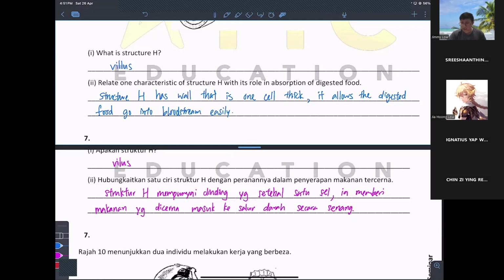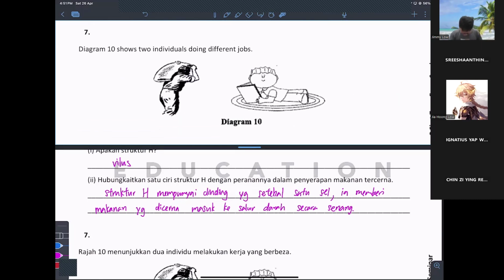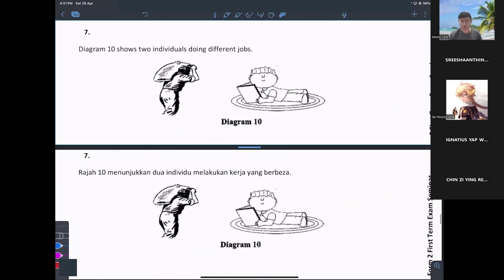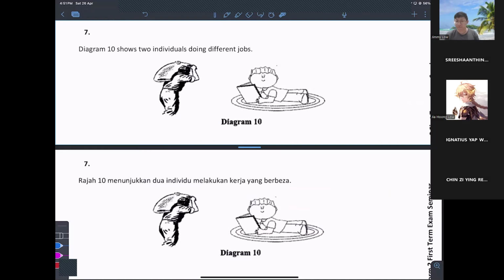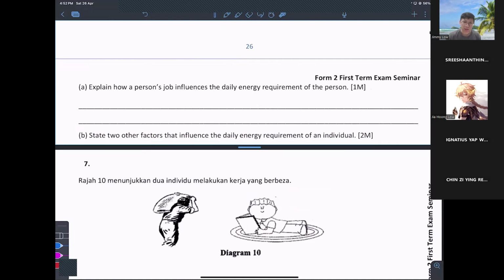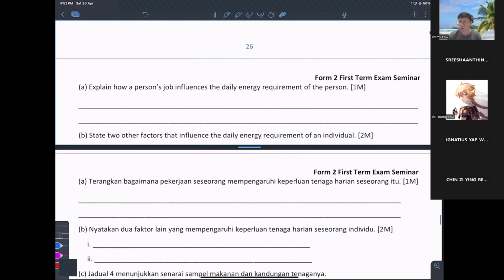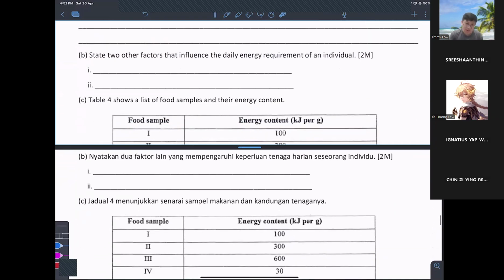Okay, I'm back. All right, so this one I mentioned, you have to know what is a factor affecting your balanced diet. This question is quite simple. You can say if he does a heavy job, he will need to eat more. He'll need more energy in his life. Just mention something like this.